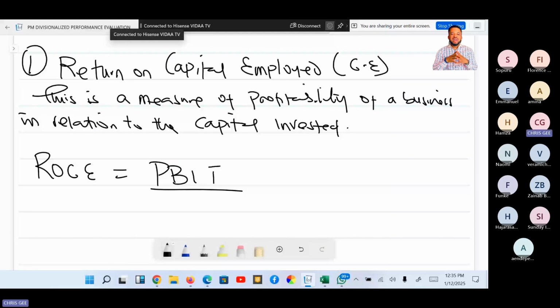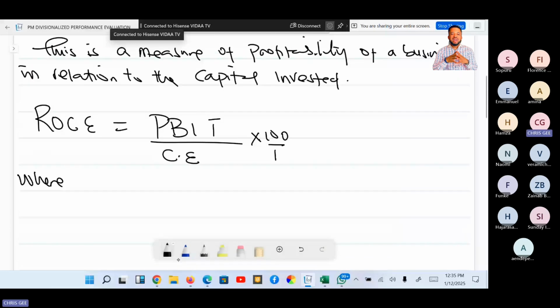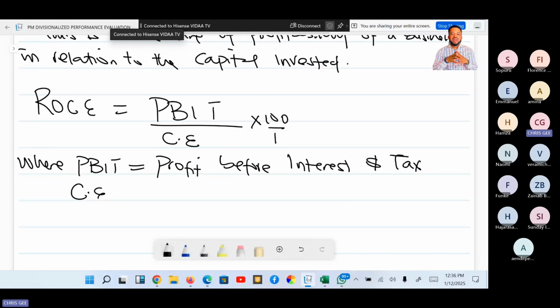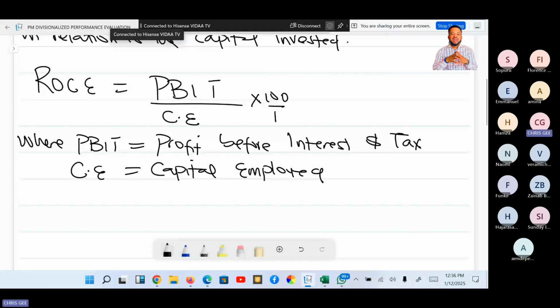Where PBIT equals profit before interest and tax, and CE equals capital employed. And capital employed, how do I get that? It is my total assets minus current liabilities.